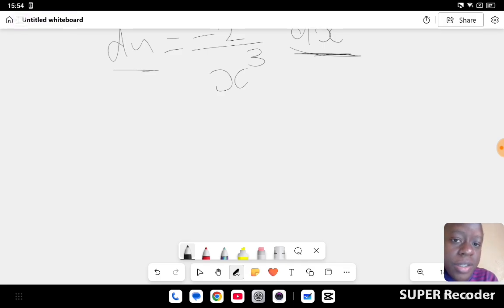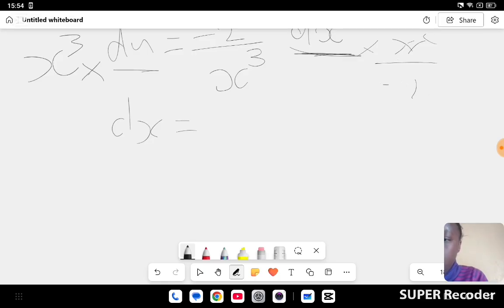Let's do it in this way. Dx is equal to the reciprocal of this, because we have to multiply by x cube divided by -2.